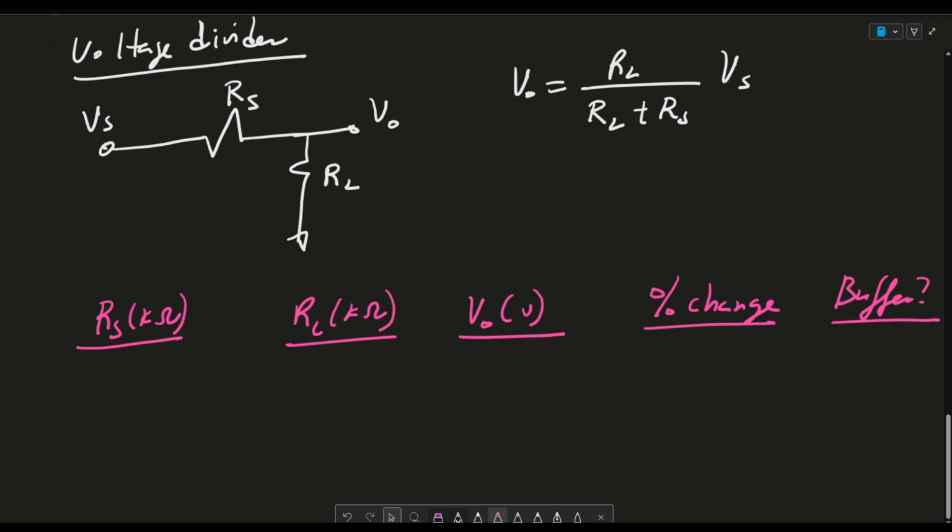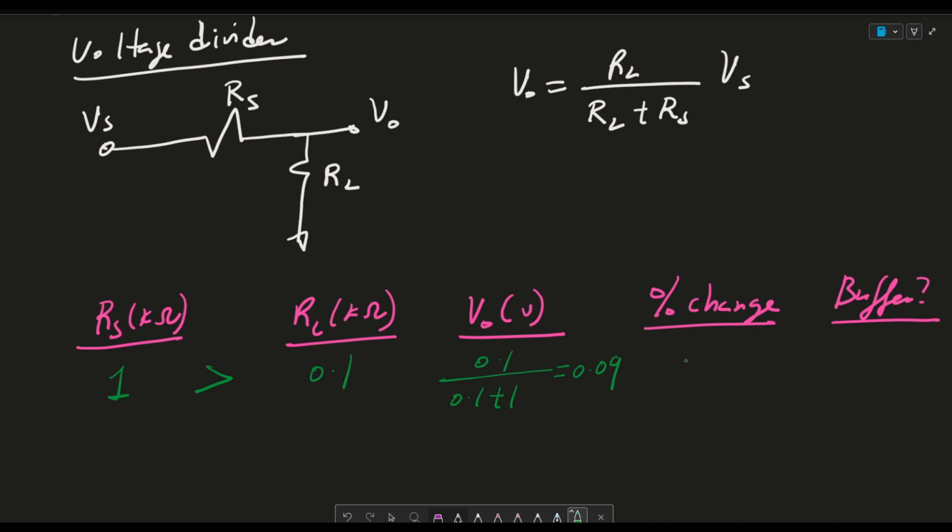All right. So the first one we're going to take is when RS is 1K and RL is 0.1K, or 100 ohms. So again, RS is considered to be greater than RL. We get 0.1 over 0.1 plus 1, which is around 0.09.